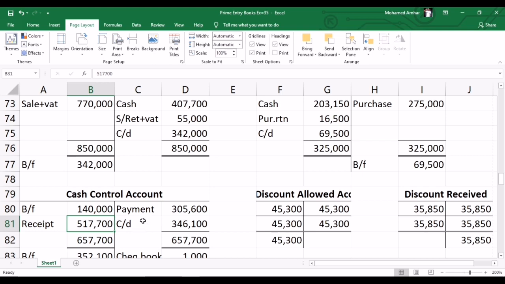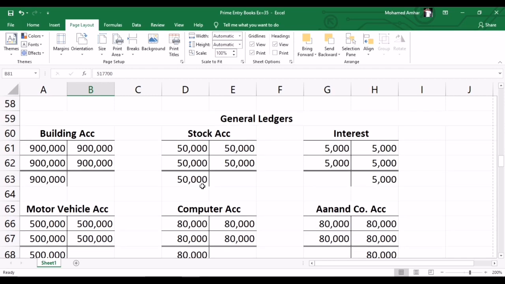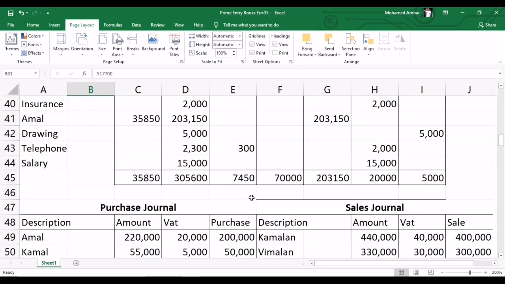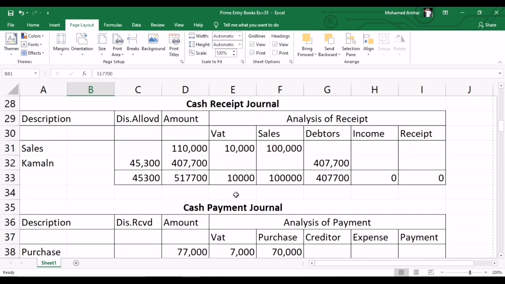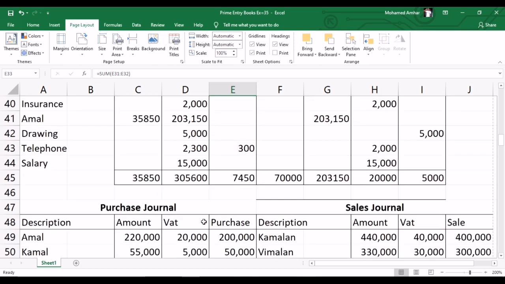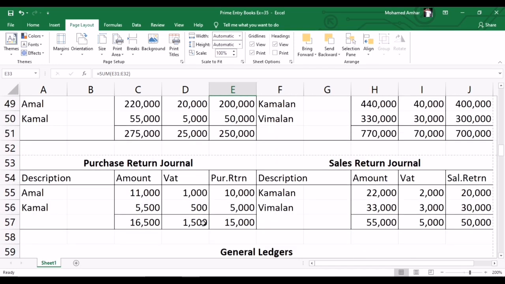So when crediting, you credit the breakdown of this 117,700: 10,000, 100,000, 400 and 7,700. So you have to credit this. VAT account credit 10,000. VAT account you credit 10,000. Here VAT account.